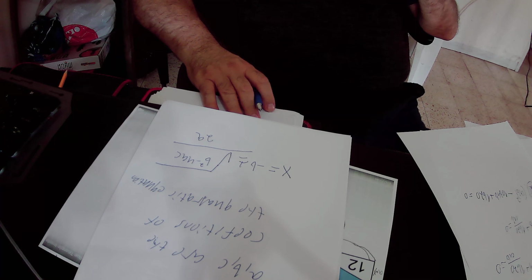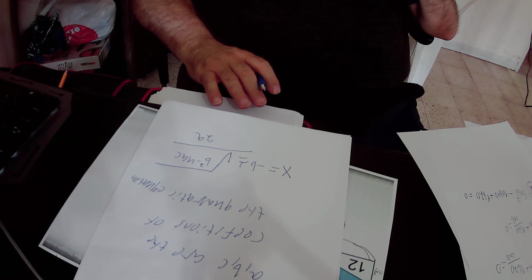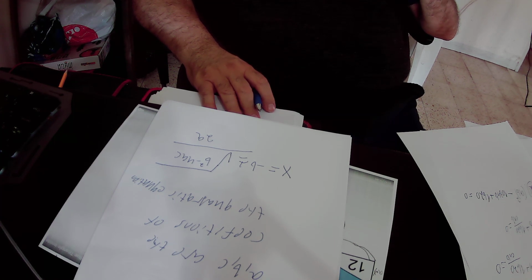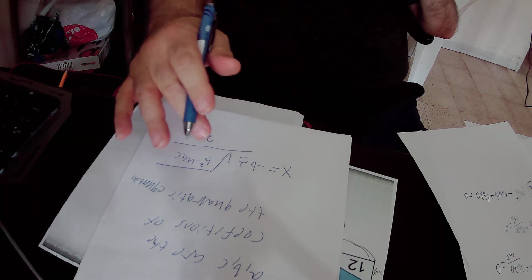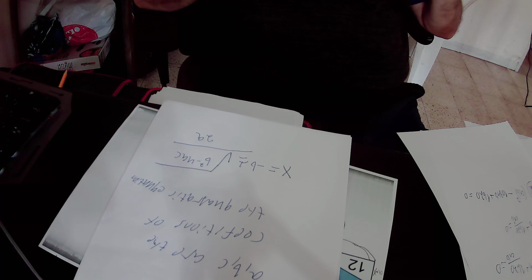And as I already told you, a, b, and c are the coefficients of a quadratic equation, and x is the variable of the quadratic equation that we want to find.